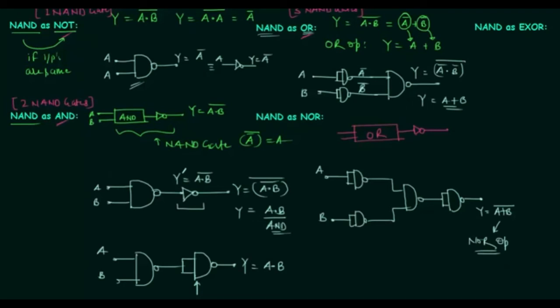Right. So to implement the NOR gate, we require 4 NAND gates.